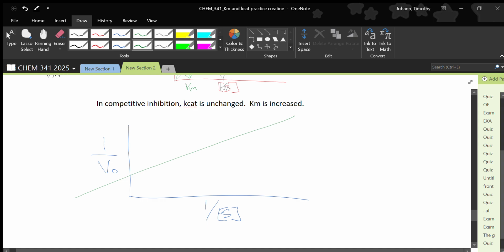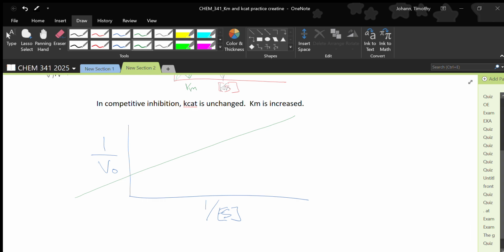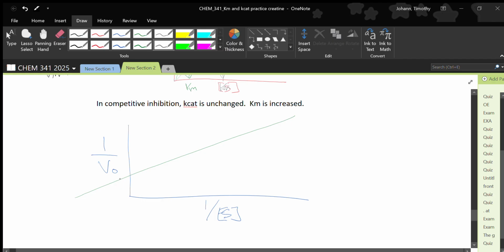Did my Kcat change with a competitive inhibitor? No, so my Vmax didn't change, so my y-intercept shouldn't change. And so it's going to look like this. This is my inhibitor, and this is no inhibitor.